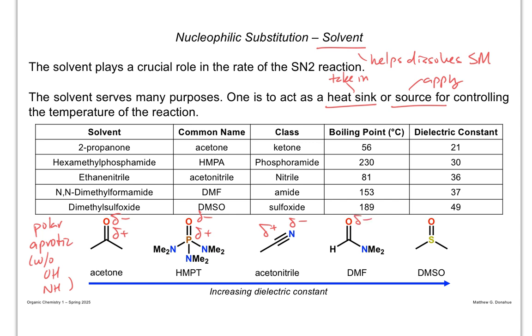DMF, same thing for the carbonyl. And then the sulfoxide is just an S=O double bond, so delta plus, oxygen delta minus. Notice some of these have lower boiling points, others are above 100, and that's what we mean by adding heat. You can heat that up. That helps lower the energy of activation.